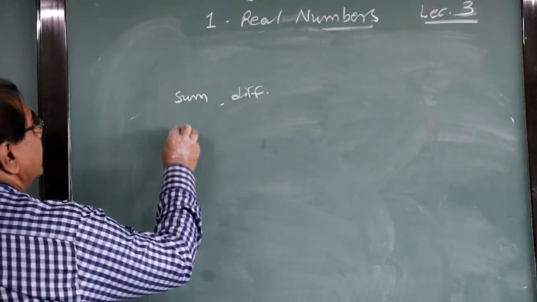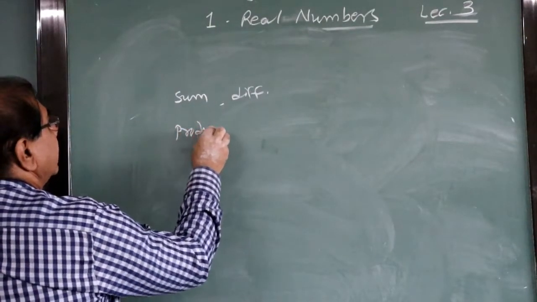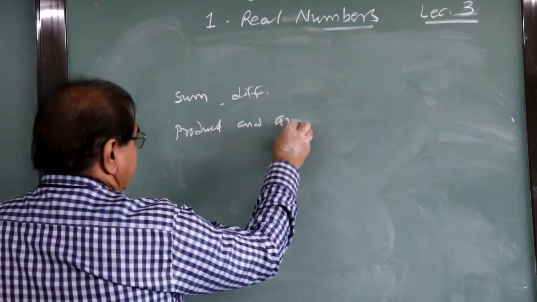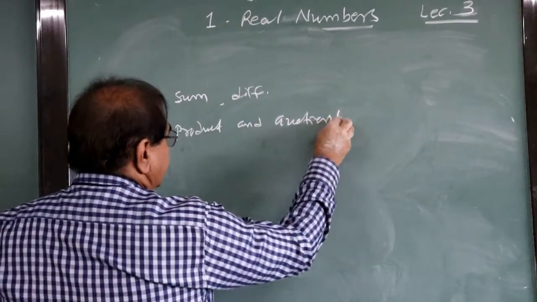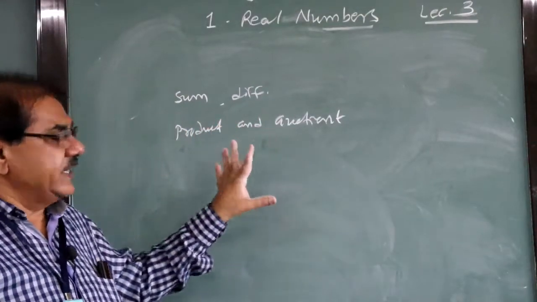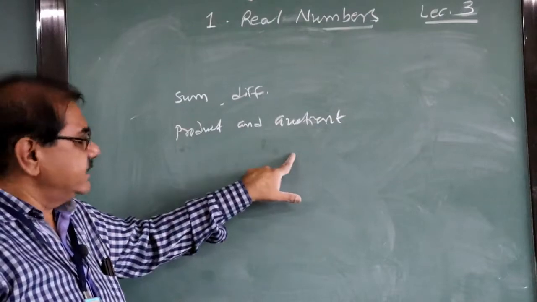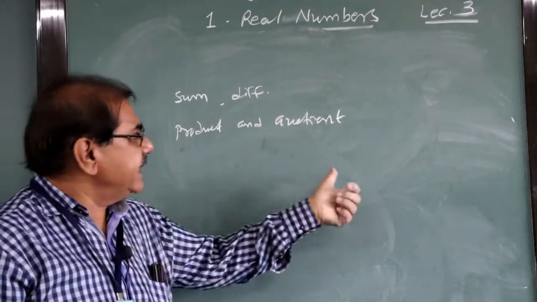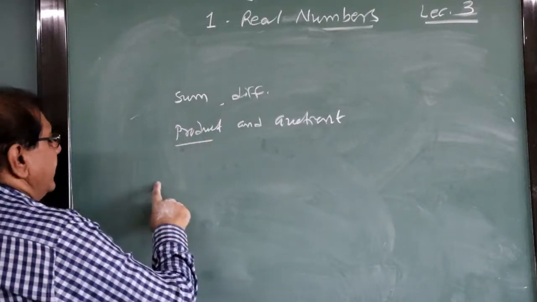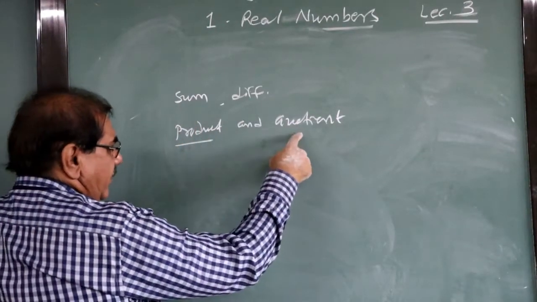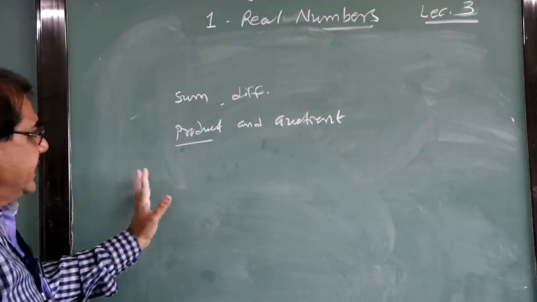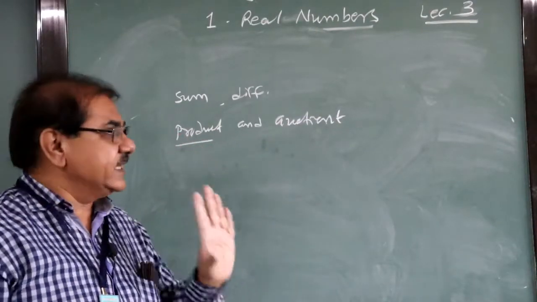In the same way, product means multiplication, and quotient means division. If I take the product or quotient of one rational and one irrational, they should be non-zero, then the answer is always an irrational number.